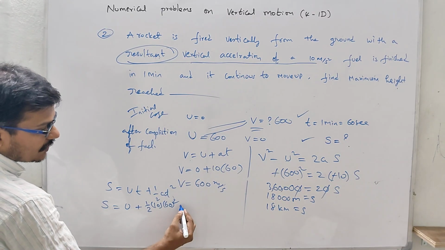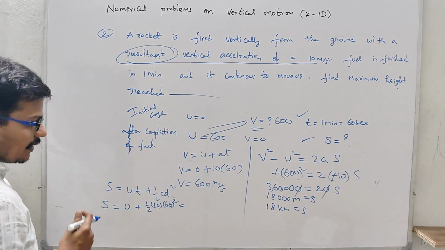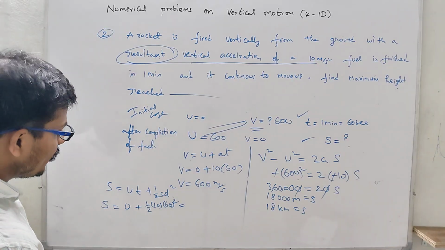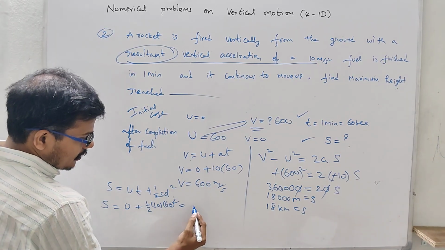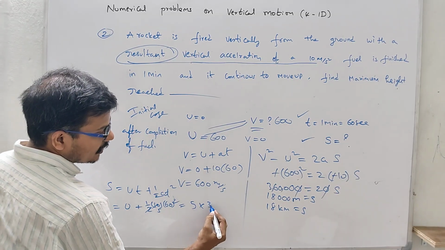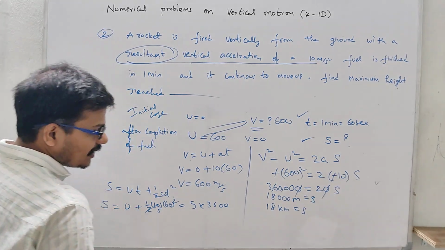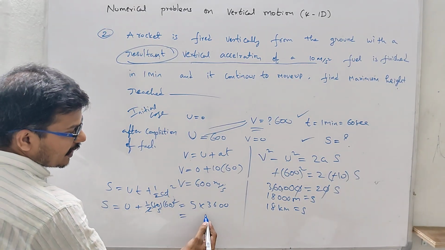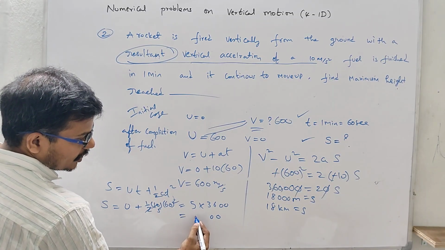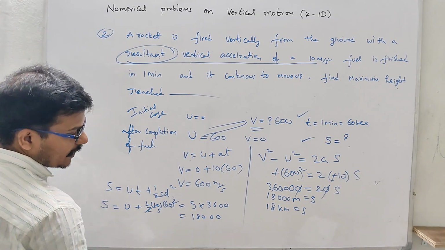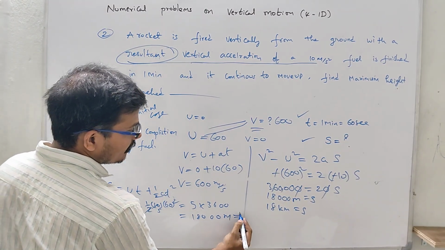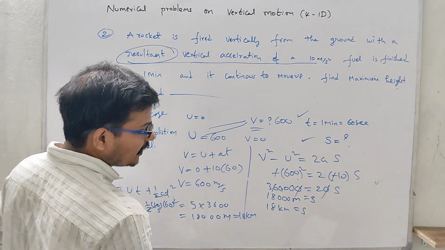Okay, so from this what can we get? 60 squared means 3600. The remaining is 36 into 5, which is 180, so this is also 18,000 meters, nothing but 18 kilometers.